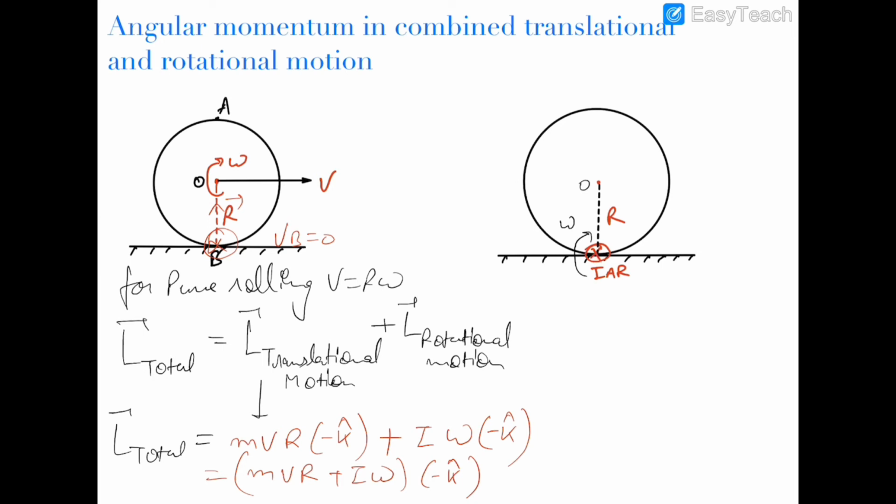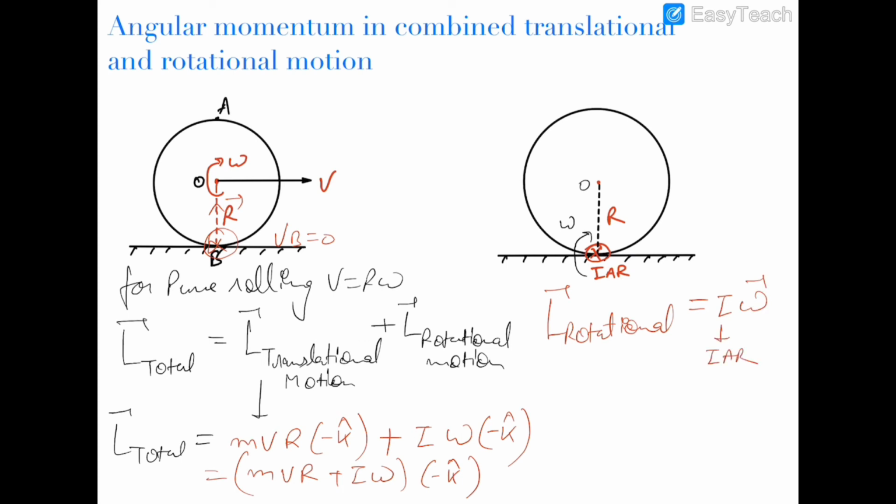So we can assume that this object is purely rotating about IAR and IAR is at rest. So in the case of rotational angular momentum, it is always equal to I omega, but this I should be along IAR.